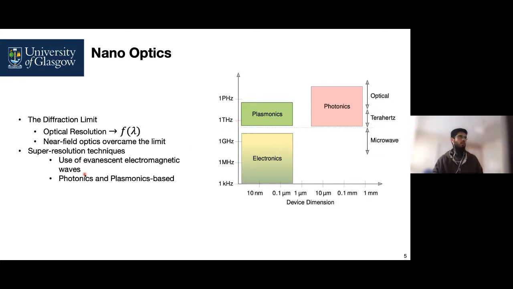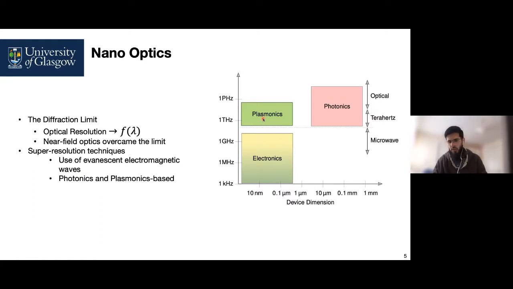So some of the super resolution techniques that we currently deal with these days deal with the field of plasmonics.